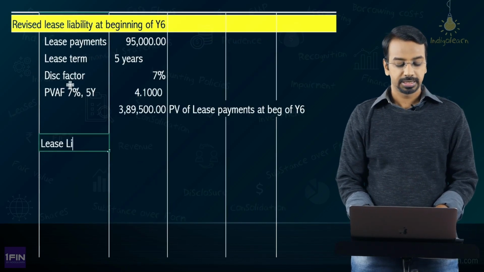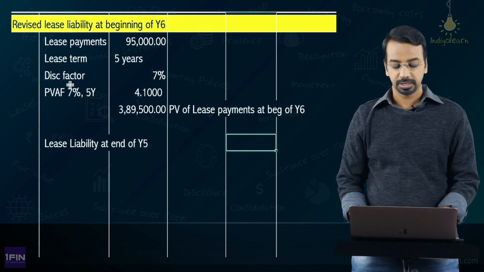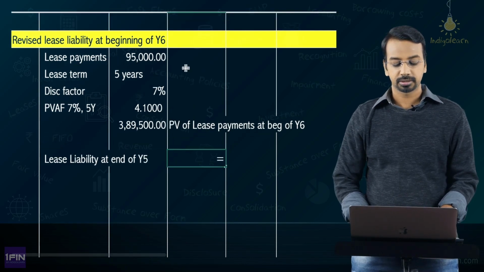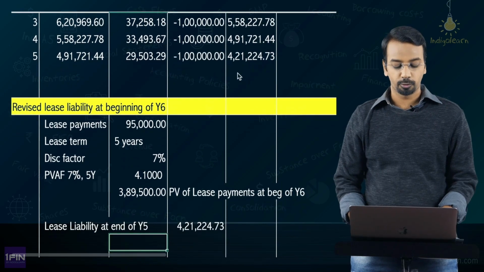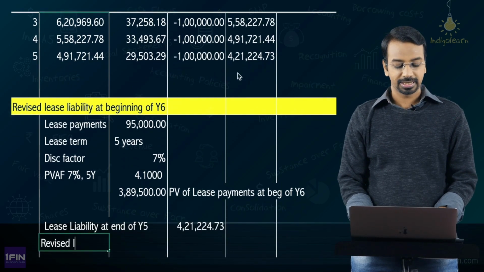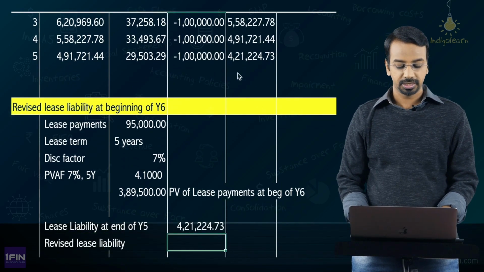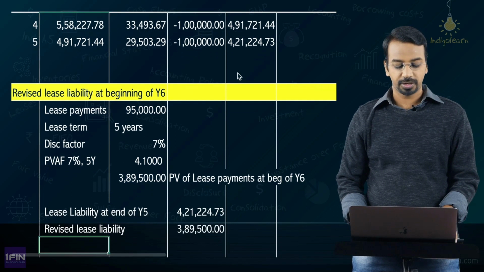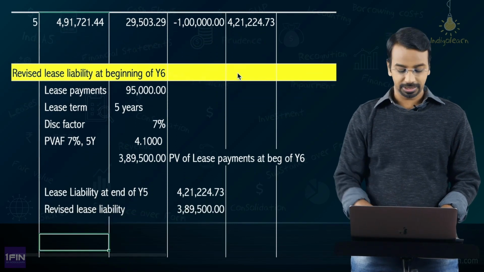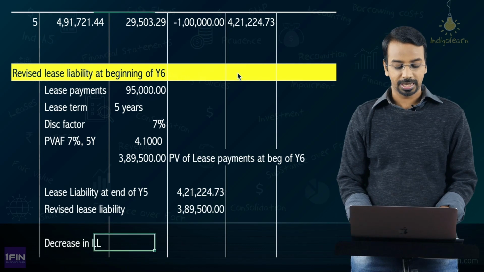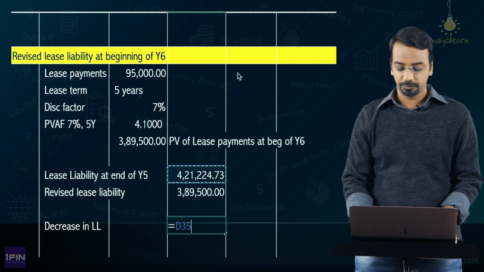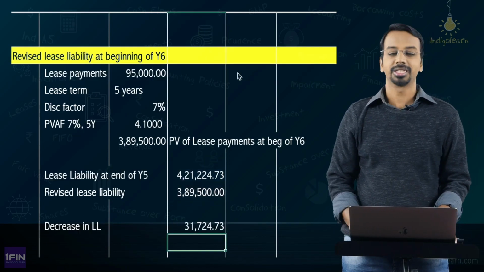So, lease liability at end of year 5 is how much? Is computed as 421,224, and revised lease liability is 3,89,500. So, what has happened? It is a decrease, right? Decrease in lease liability. It is 421,224 minus 389,500. You get 31,724.